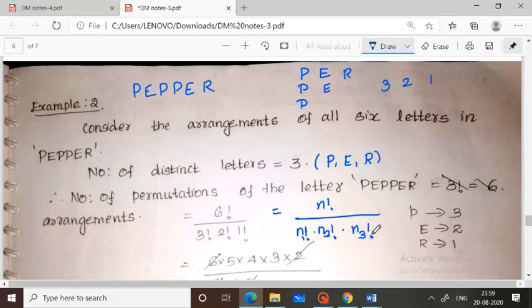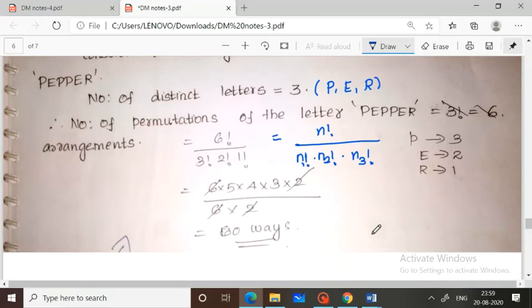N equal to total number of letters, P-E-P-P-E-R. That means n is equal to 6.